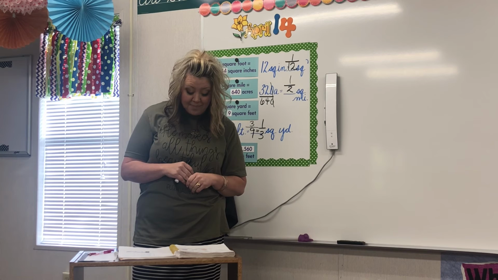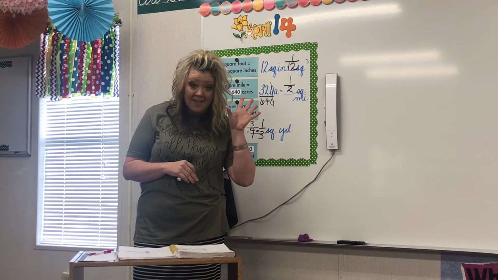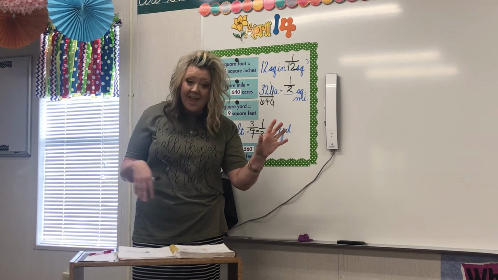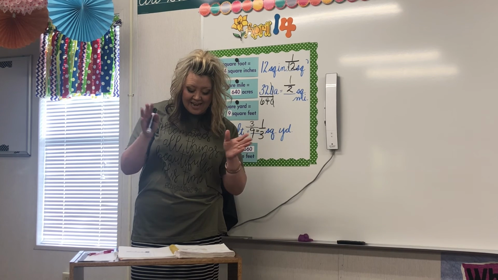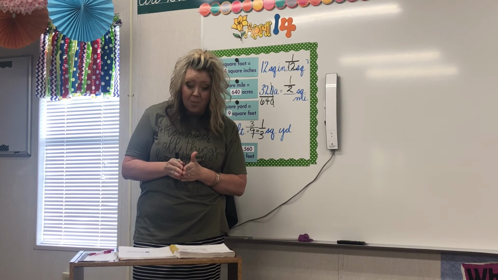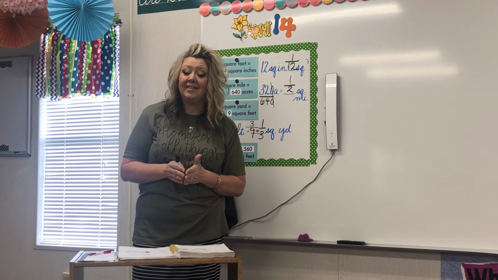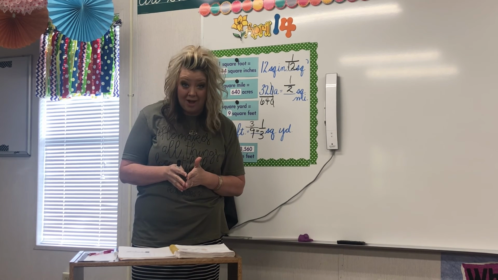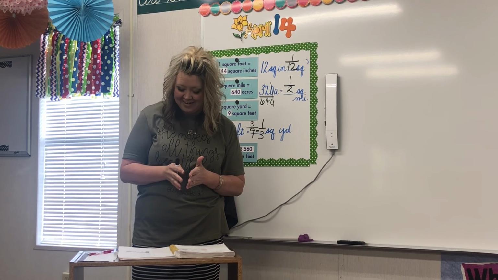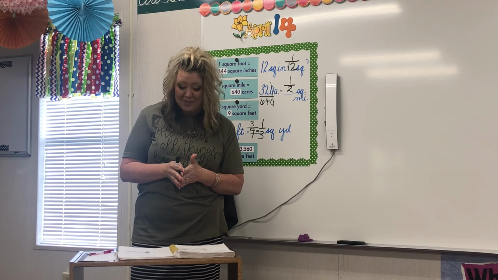Your last problem, letter D, you're simply going to add the answer from letter B and the answer from letter C to find out the cost of her total project, and I'll give you a hint. It's over $2,000 to lay the tile in her kitchen. So we'll see how many of you get that correct.